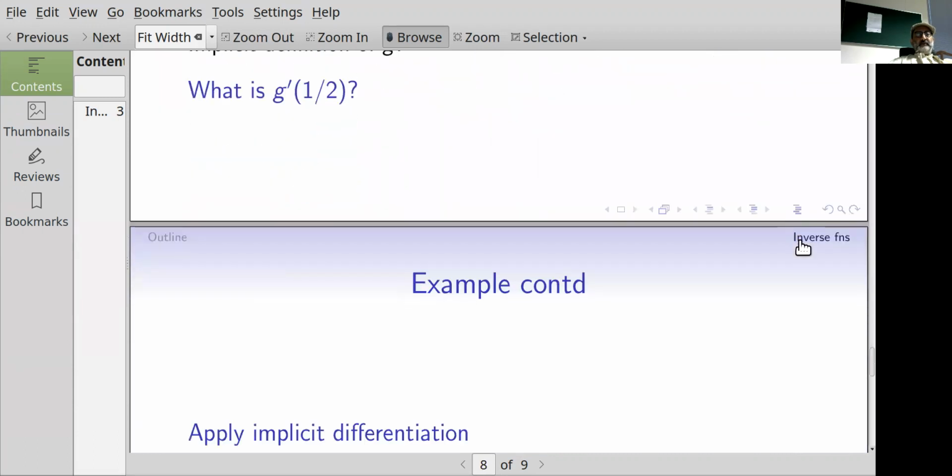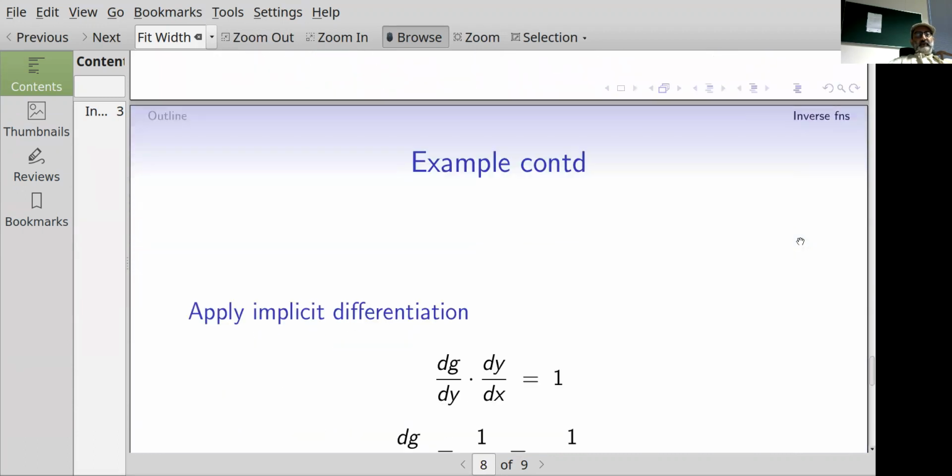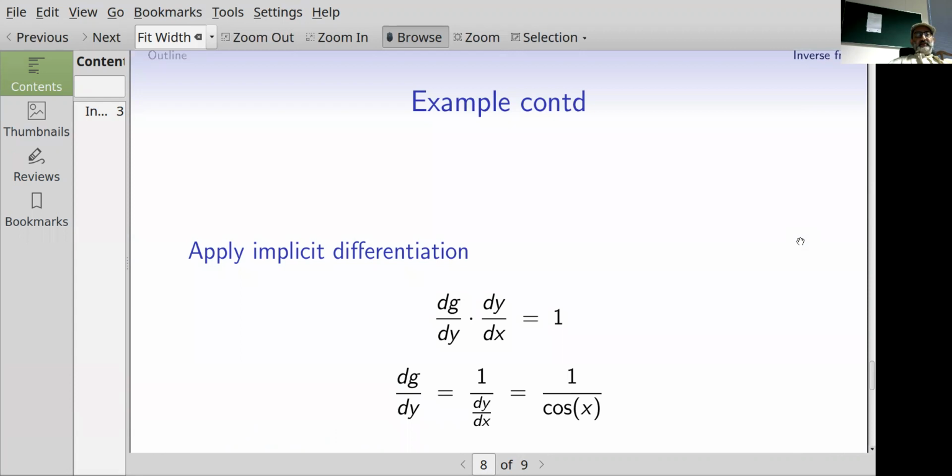Okay, so once again, if you apply implicit differentiation, you do the chain rule, you get dg by dy times dy by dx is equal to 1, and then dg by dy equals 1 over dy by dx.